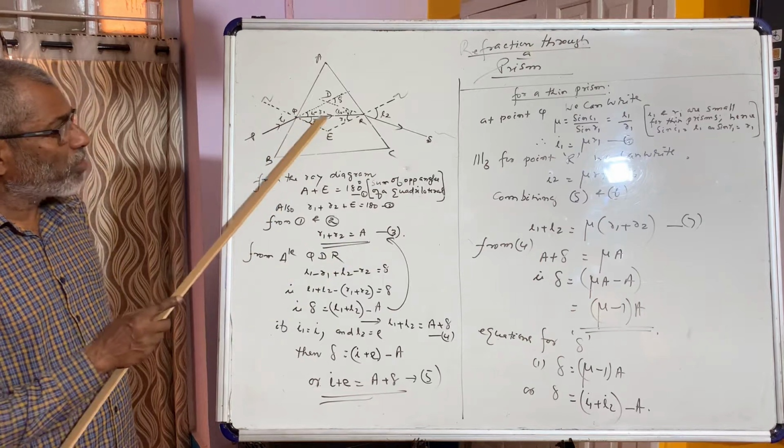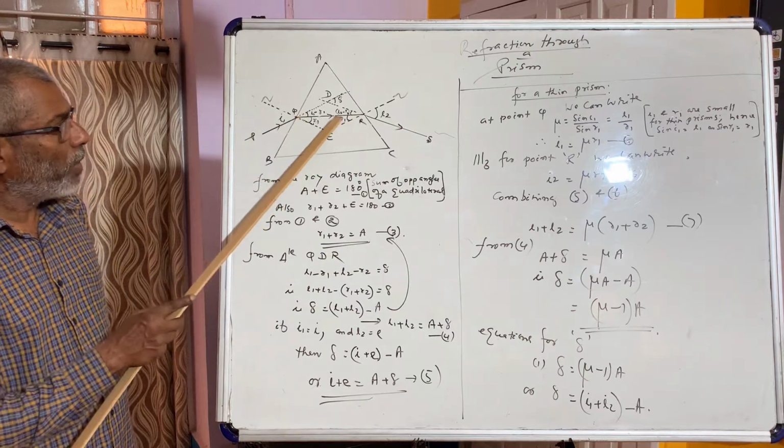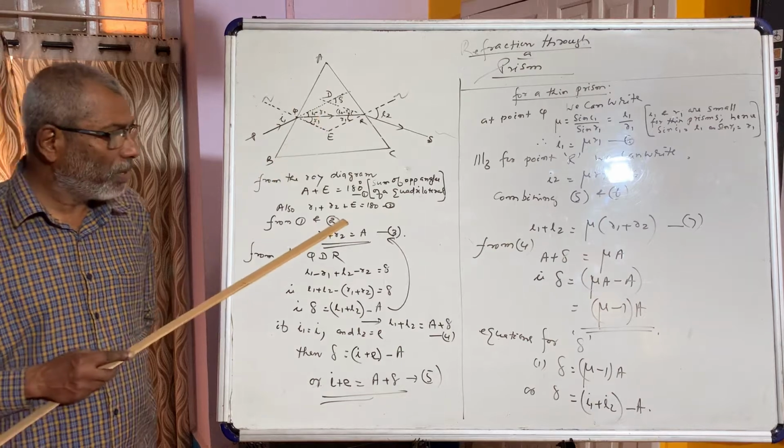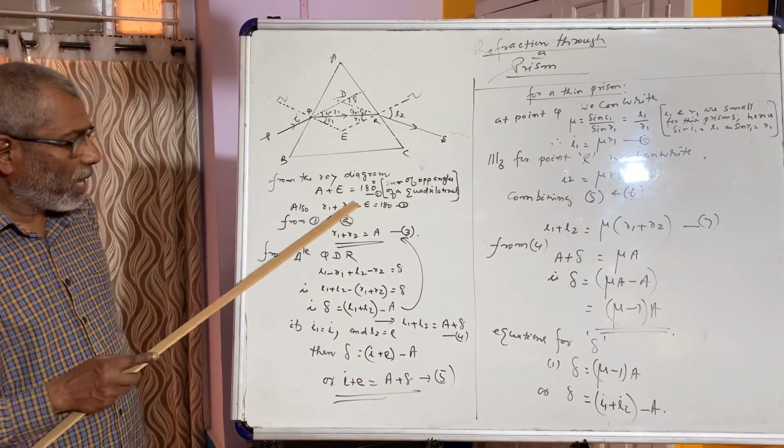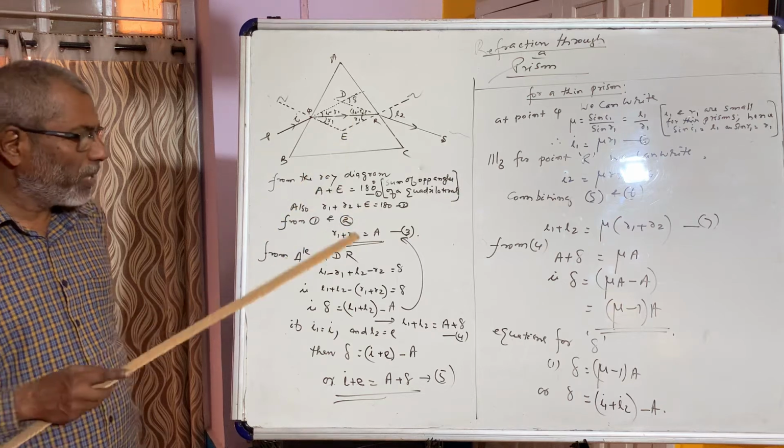Now focus on the triangle QRE. Angle R1 plus angle R2 plus angle E is also equal to 180 degrees, being a triangle.